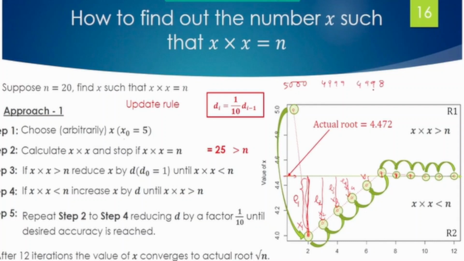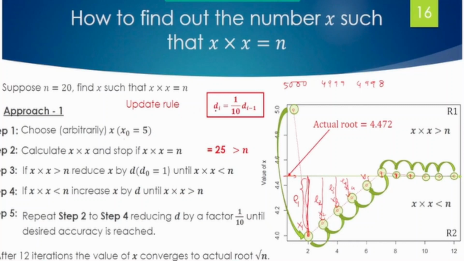Anyway, at one point of time it will definitely come below your actual root, and then you need to increase it again. So as far as correctness is concerned, if you choose any other large value, it will still give you the accurate answer, but it may need lots of additional iterations.